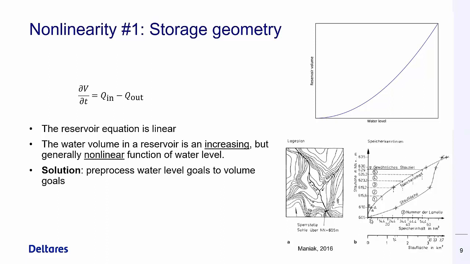And this is also the volume and the water level here, and the corresponding function is given here. And this is the surface area. This is another nonlinearity. When it comes to evaporation, this becomes relevant.